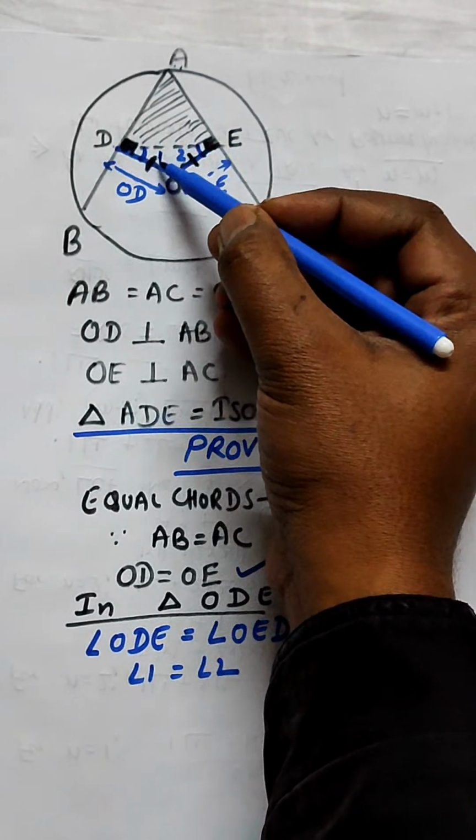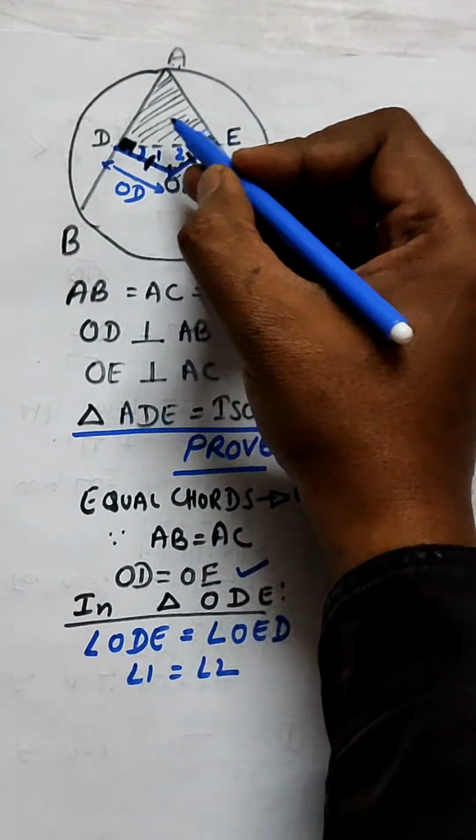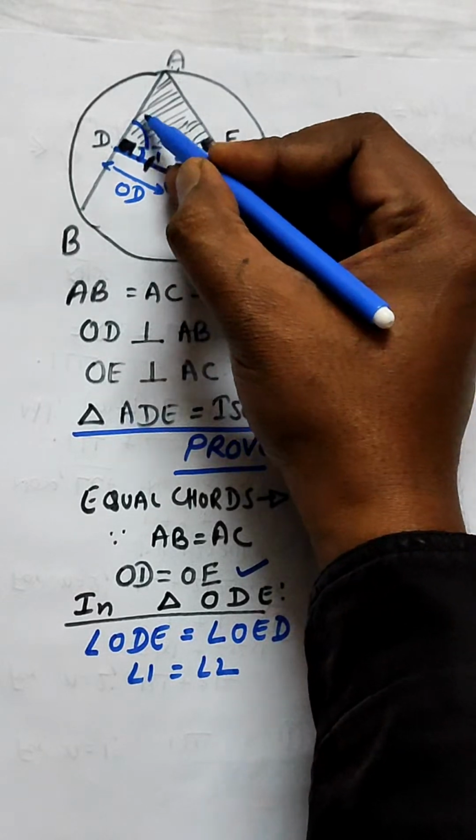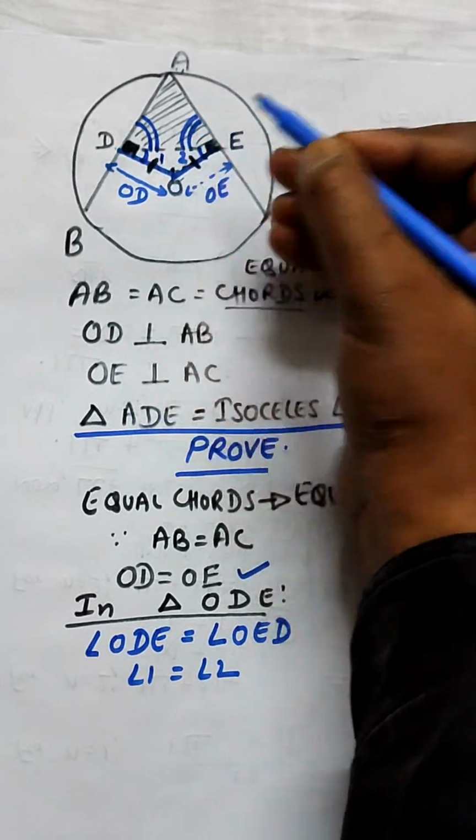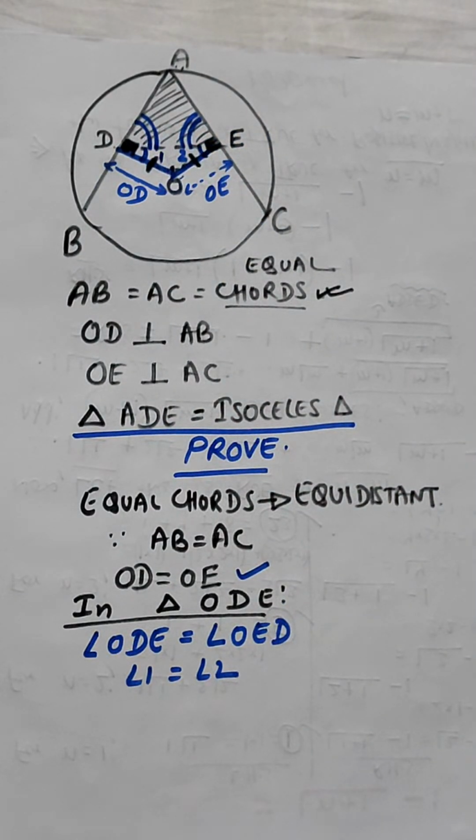So subtract equal angles from 90, and you get this angle and this one as equal, right?